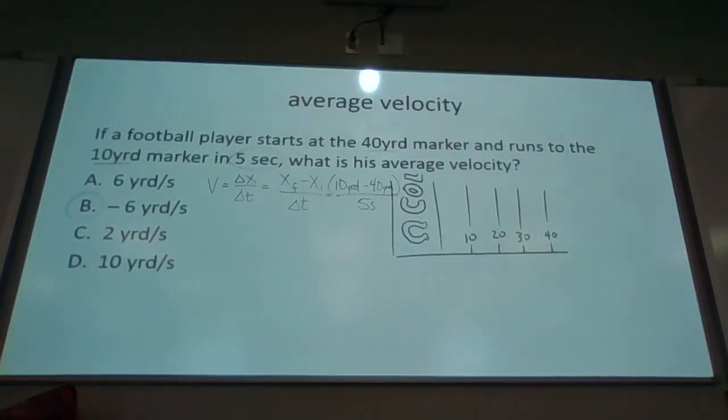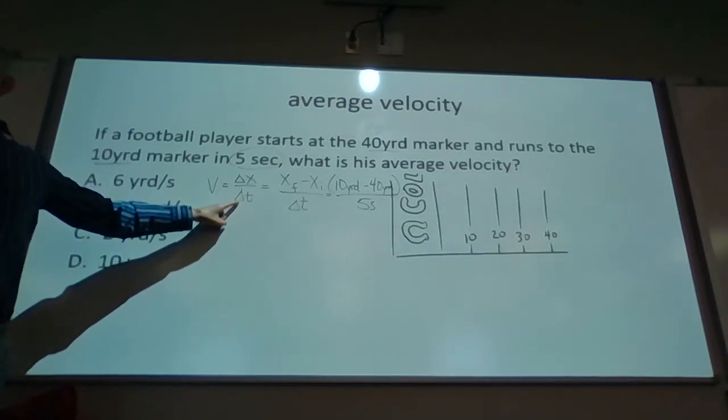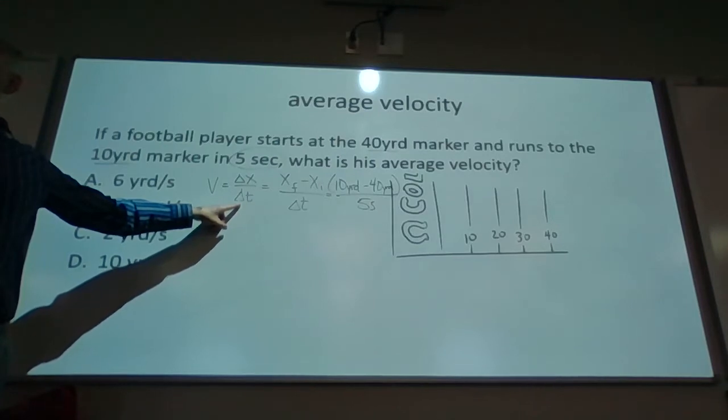What does the negative sign communicate? Direction. Because velocity communicates both magnitude, how fast, and which direction. Looking at this equation, can delta t be negative?